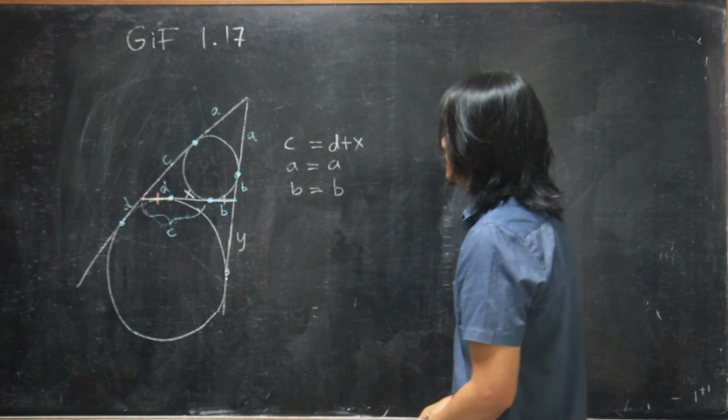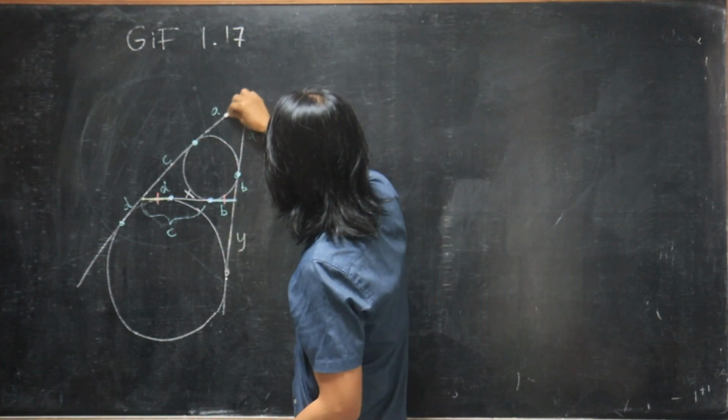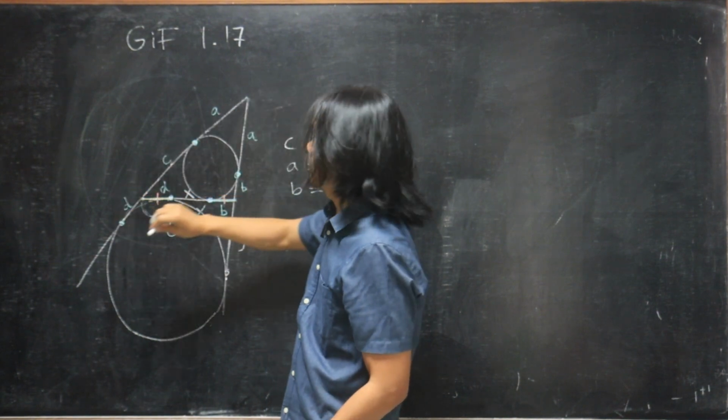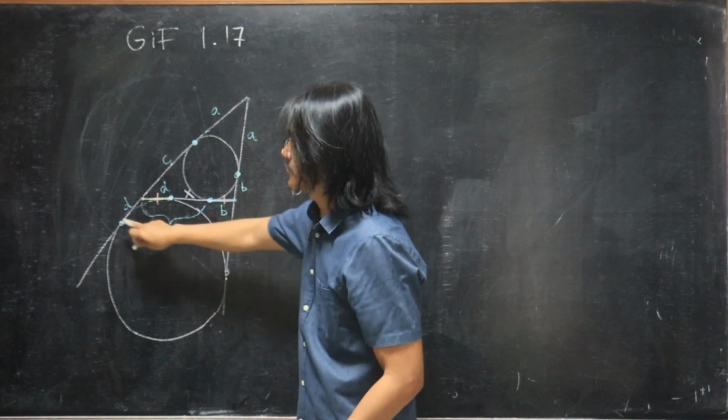So this length must be equal to that length, right? Because that's the distance from a point to the tangent points.